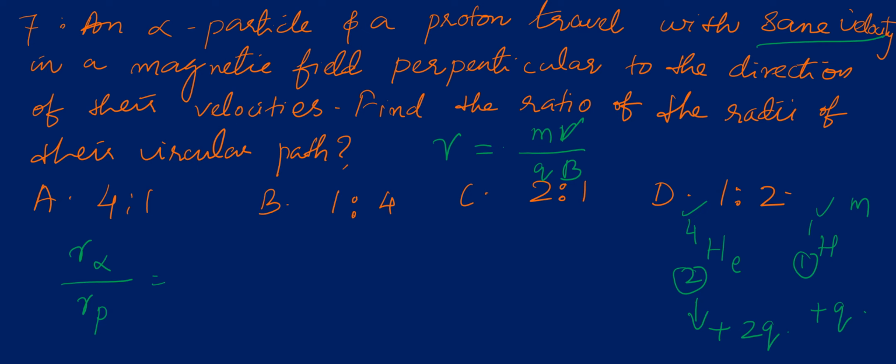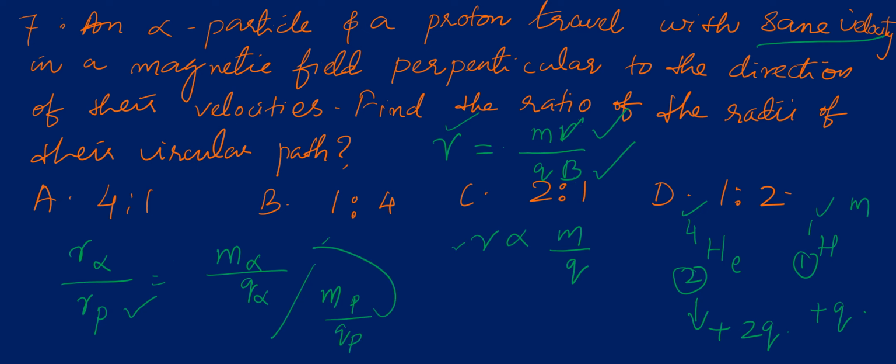So when we take the ratio, the velocity part will go, and they are entering the same magnetic field, so these two will go. It depends on mass and charge as m by q. So the radius of alpha particle is the mass of alpha particle divided by q of alpha, divided by the radius of proton as mass of proton divided by charge of proton.